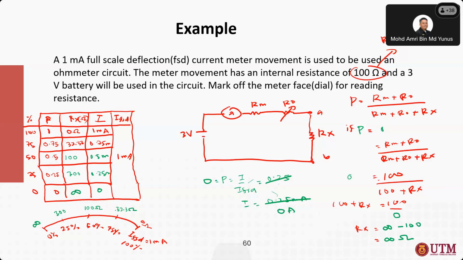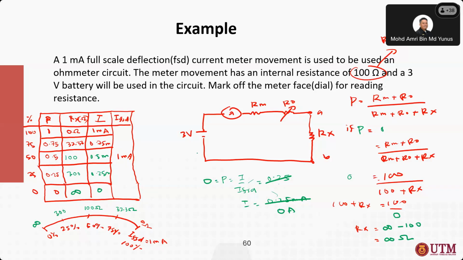As you can see, the division of the resistance scale is not linear. If linear, let's say this is 33.3, this could be double like 66, and then triple like 99 ohm before infinity.